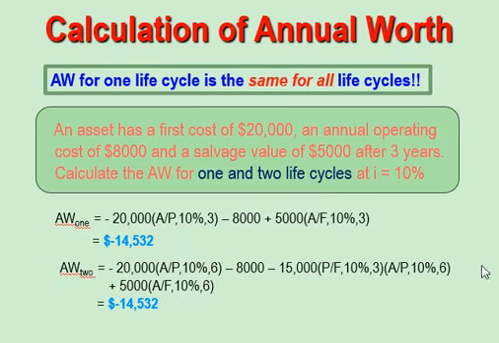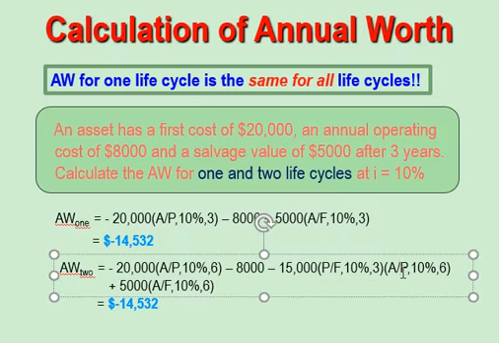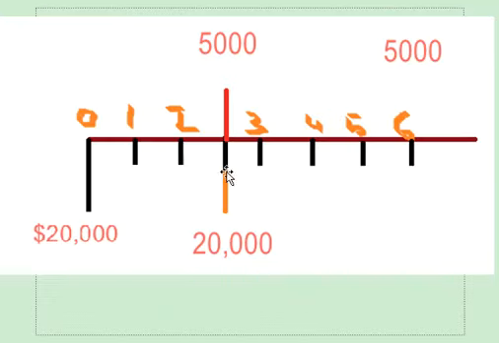Now, where did we get this one here? If you remember from previous chapters, guys, this $15,000, where do I get it from? Because I have two life cycles, the machine typically lasts for how long? It lasts only for one life cycle, which is 3 years. 1, 2, 3.